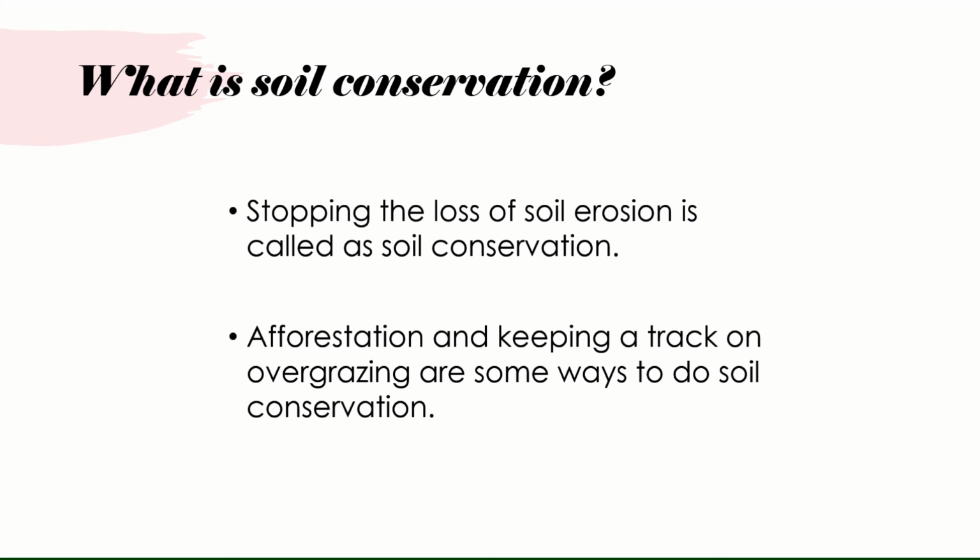So to stop the loss of soil to erosion, we can perform soil conservation. So how can soil conservation be done? Soil conservation can be done by afforestation and keeping a track on overgrazing. These are some ways by which you can stop soil erosion, hence doing soil conservation, right?